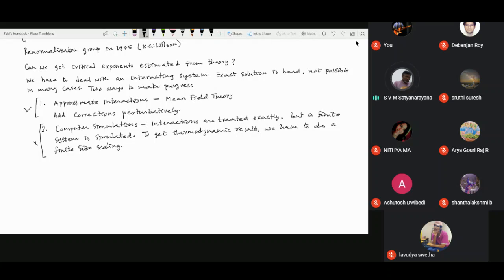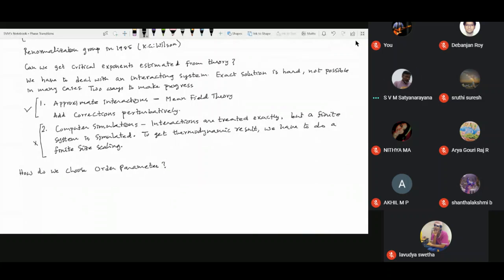Let me now concentrate on asking questions like this: how do we choose the order parameter? As I told you earlier, we don't have any kind of a rule or a procedure by which you can choose this.